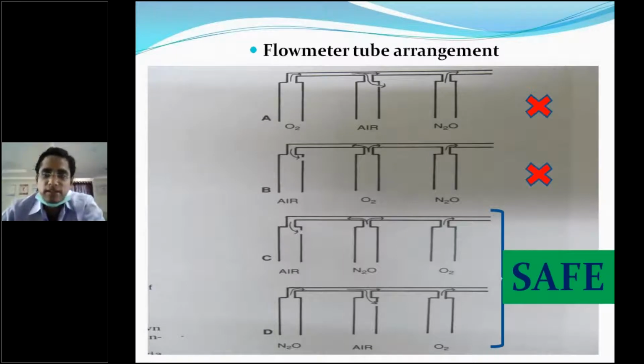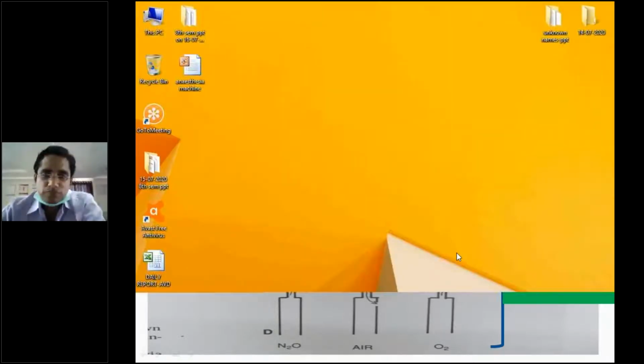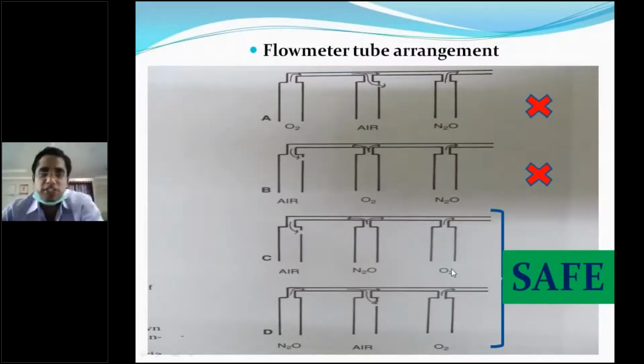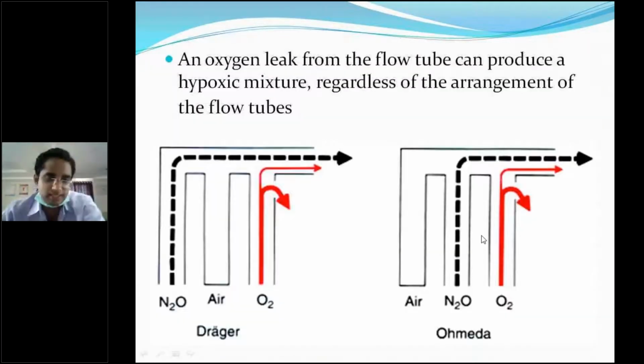They are right. Why? Because oxygen should always be last, because oxygen should be the last gas leaving the machine to the patient, right? Why? Because if there is any leak or breakage in the oxygen tube, the oxygen will leak out along with other gases.